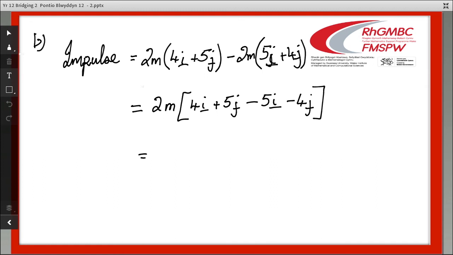So the impulse is 2m minus i plus j. And that's Newton seconds.